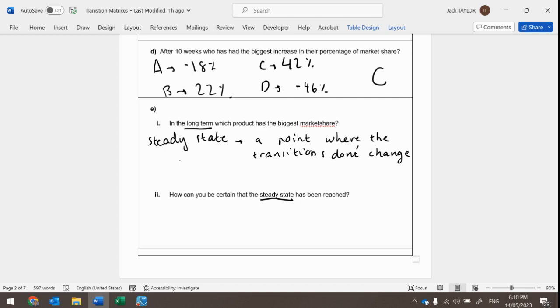Now, to calculate the steady state, it's pretty straightforward to work out. What you do is you just raise that transition matrix to a really high power, and then we do the number after that, and if there's no change, we know that the steady state has been reached. So I'll show you that in a moment on the calculator.